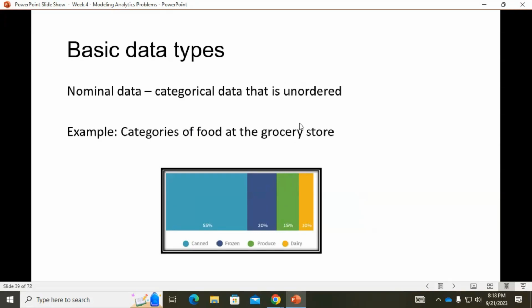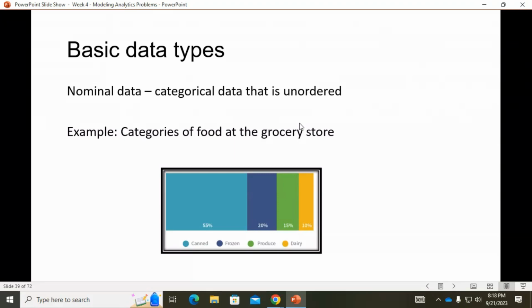Okay, so we're going to start with categorical data. So for categorical data, I said it's either nominal or ordinal. So here's an example of nominal data. We have categories of food at the grocery store. So just kind of take a look at that for a second.